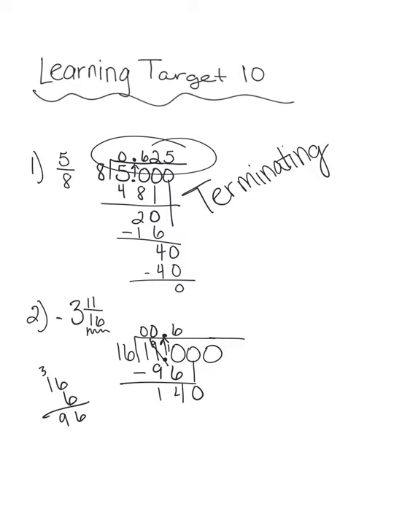Now we knew that 16 times 6 was 96, so it's got to be greater than 6 for however many times it goes into 140. So the same idea here, I'm going to use a little bit of guess and check. This time I'm going to try 8. 6 times 8 is 48. Now I'm going to try one more time. I did not mean to do 7, my bad.